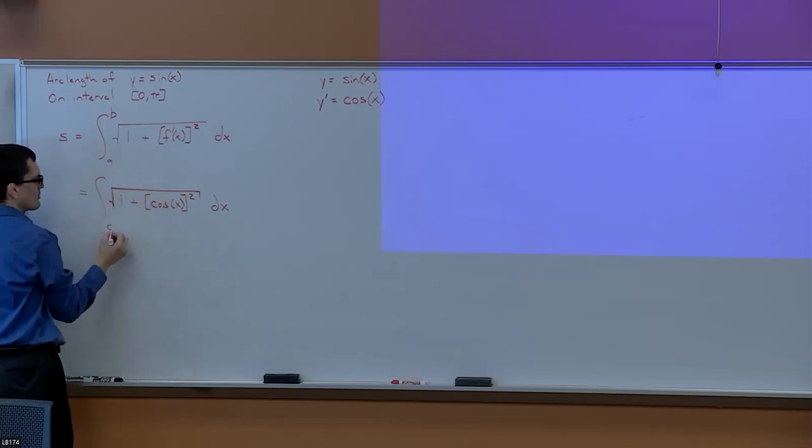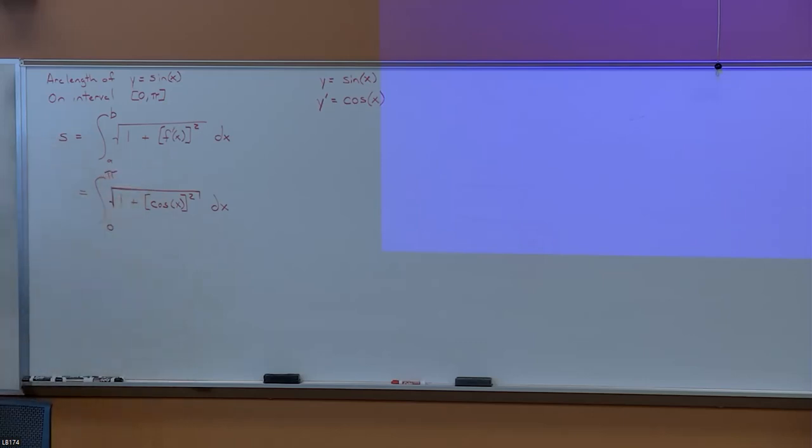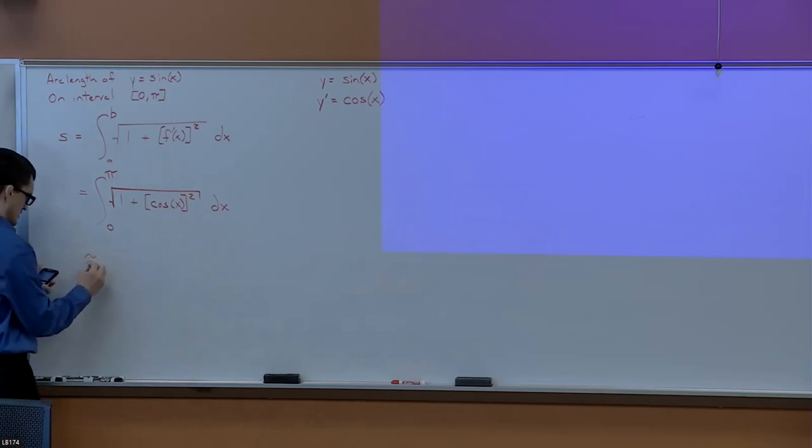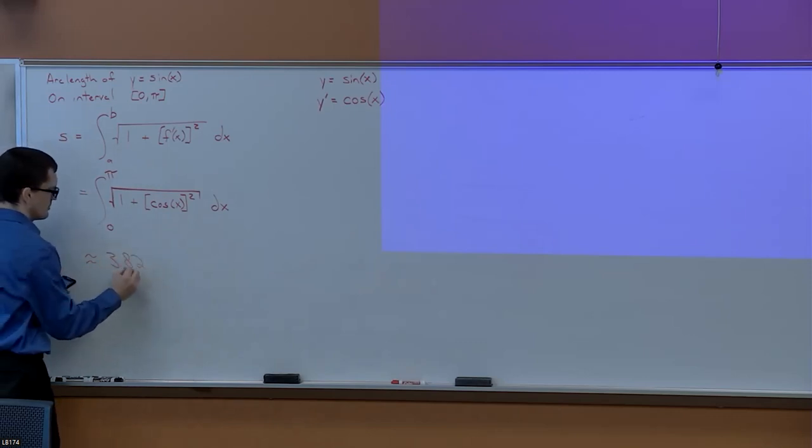And then we're going to integrate from 0 to pi. So we integrate from 0 to pi, square root of 1 plus cosine squared. And I end up getting approximately 3.82.